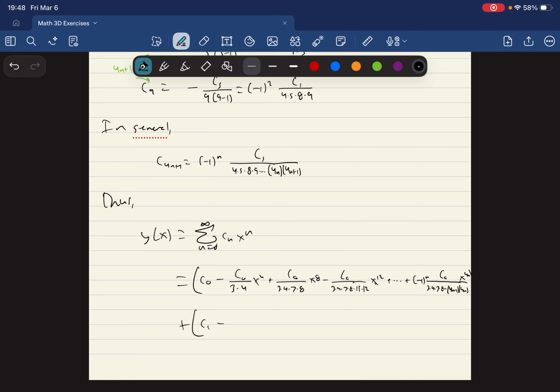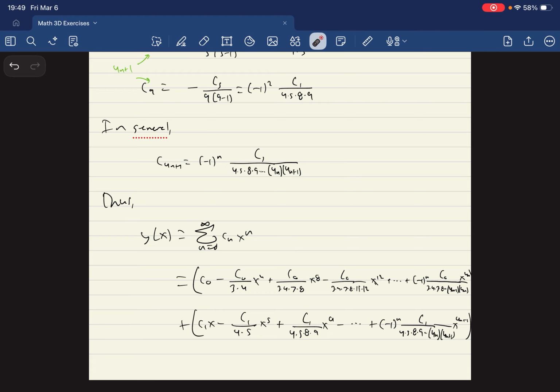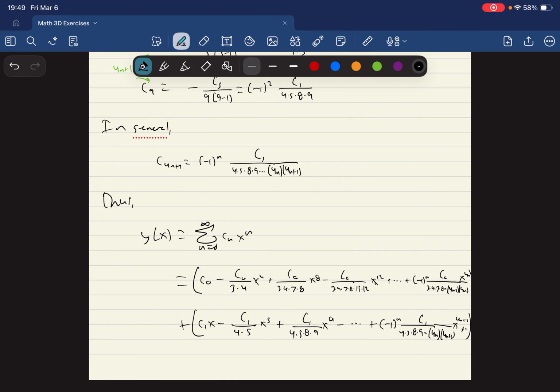This is C1 x, plus C1 over 4 times 5 times 8 times 9, x to the 9, minus, on and on, where in general the nth term is negative 1 to the n, C1 over 4 times 5 times 8 times 9, on and on up to 4n plus 1, x to the 4n plus 1. And I forgot to add plus dot dot dot.